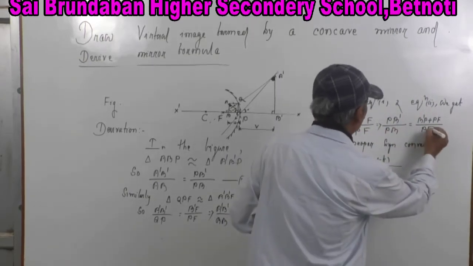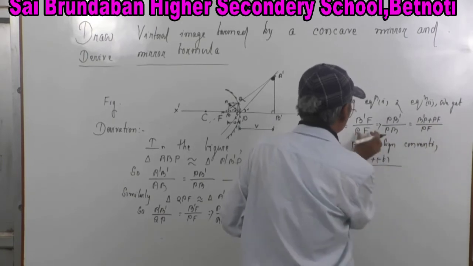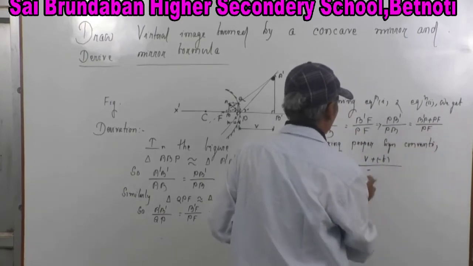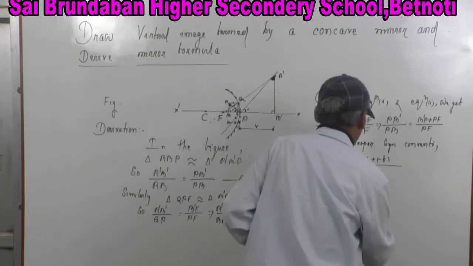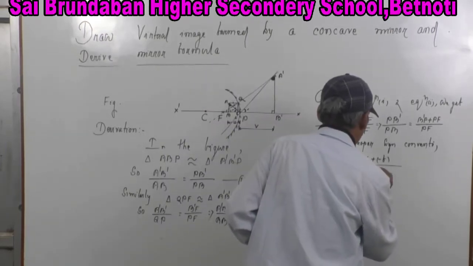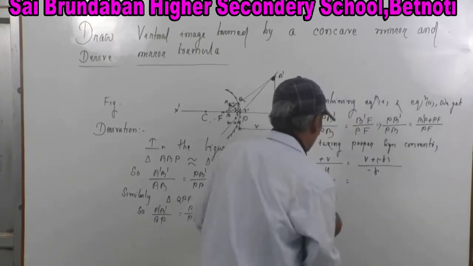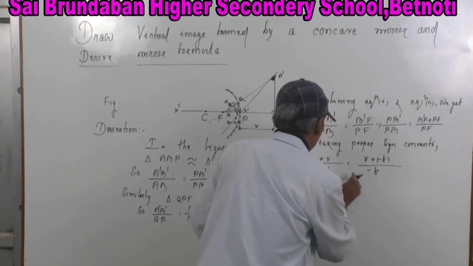Here it is PF, so PF is equal to minus F. So just multiply it.